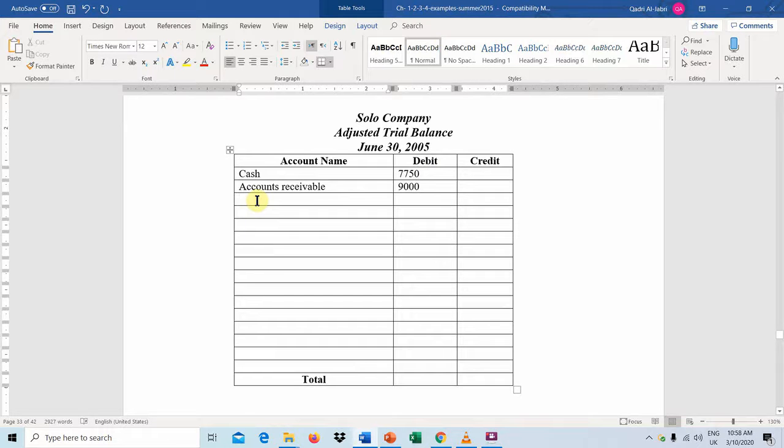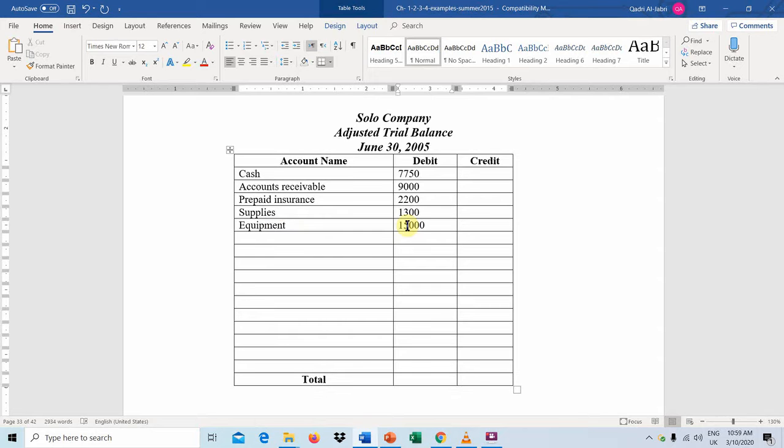Next one, prepaid insurance, that has a balance of 2,200. Next one will be supplies, that has a balance of 1,300. Next one will be equipment, that has a balance of 15,000.